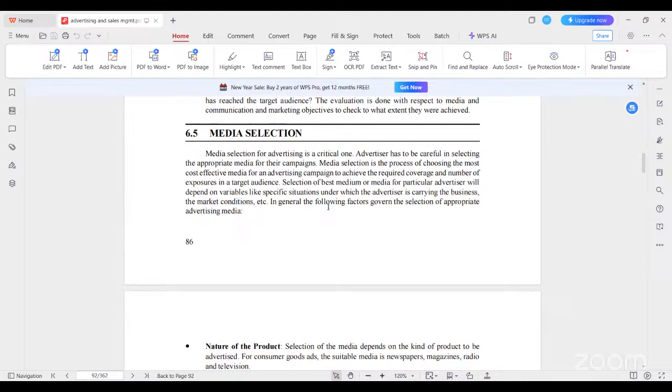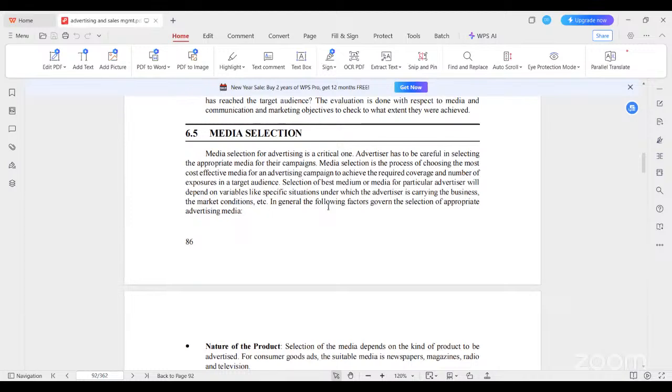If we talk about how to prepare a media plan, what we should first of all do is define the objectives. Means what kind of objectives you are going to decide. It is the campaign goal. Okay, first the advertisers or advertising agencies should clearly define the campaign objectives.